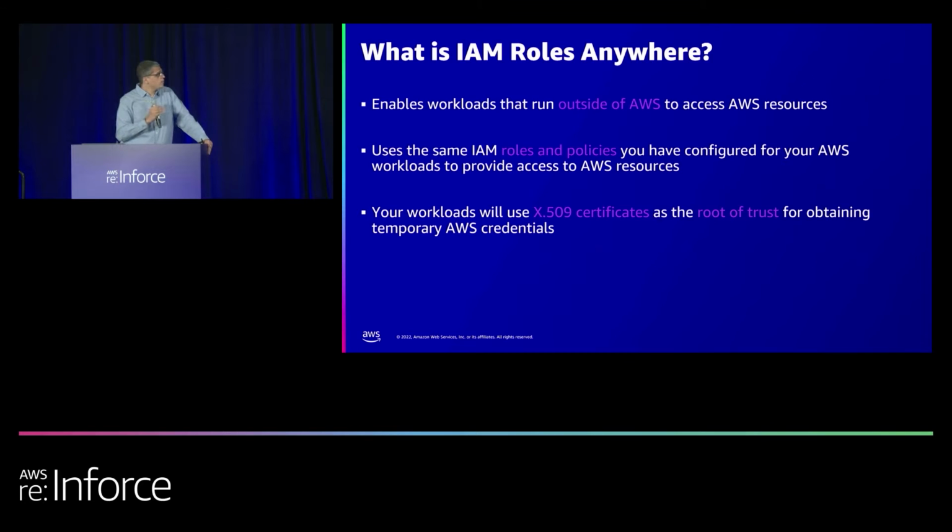IAM Roles Anywhere provides different options to monitor the service in order to ensure the reliability, availability, and performance. One of those options is that you can leverage the subject activity tab, which exists in the IAM Roles Anywhere console, or you can also leverage the subject APIs in order to audit all the identities that were authenticated with IAM Roles Anywhere.